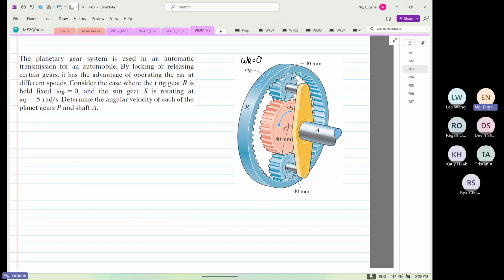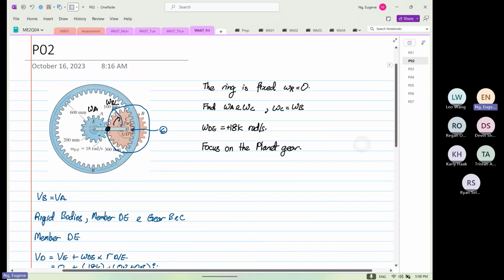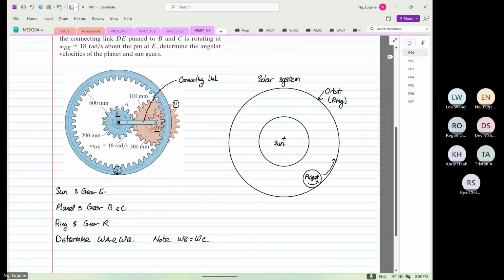Remember what I told you guys? Always one of the gears has to be what? Fixed. That theory still stands. Did I write this down? I did not.